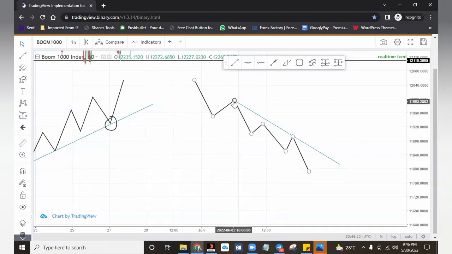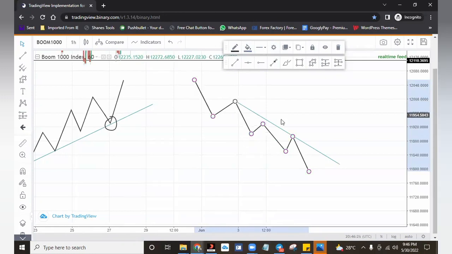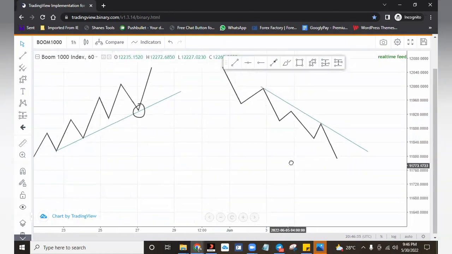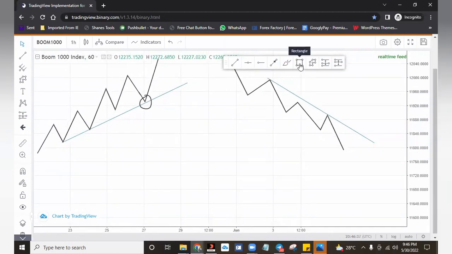But a lot of traders don't understand that logic. A lot of traders believe that if it has touched 10 times, that means it's a strong zone. No, you need to understand that the more price touches your trend line, the more that trend line gets weaker. This is how I always explain it to my students.